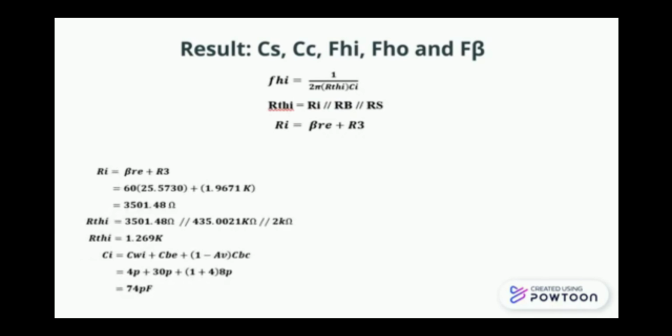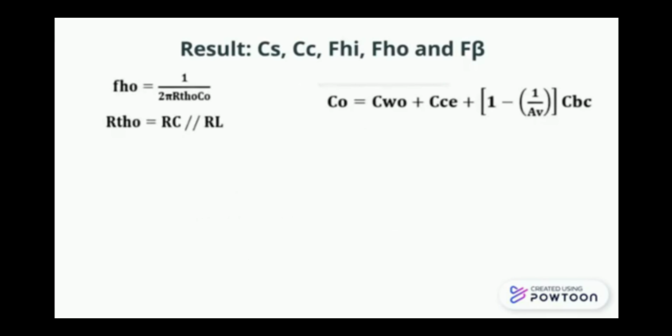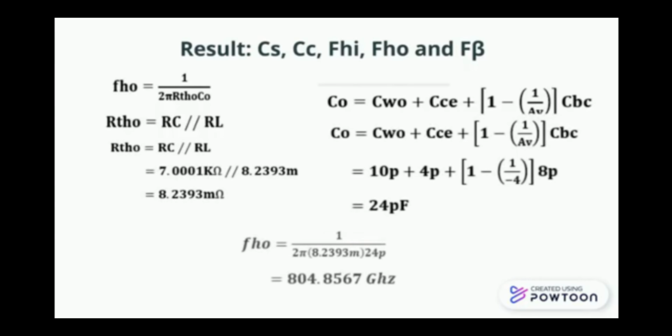This is how we get the FHI, frequency high input. The formula is 1 over 2 pi times RTHI times CI. The FHO, which is the frequency high output, has the formula 1 over 2 pi times RTHO times CO. The RTHO is RC in parallel with RL.